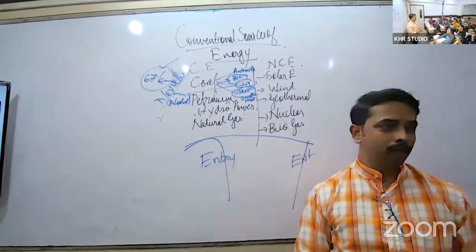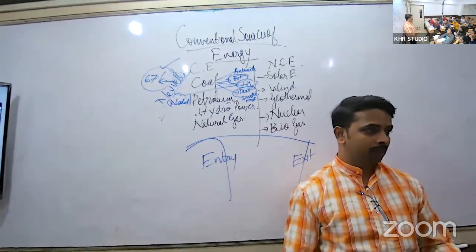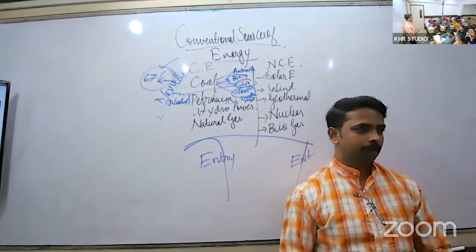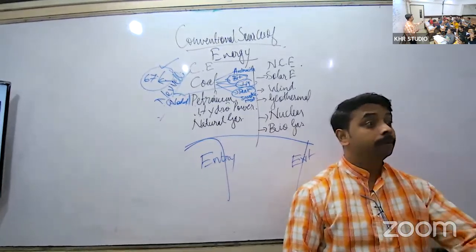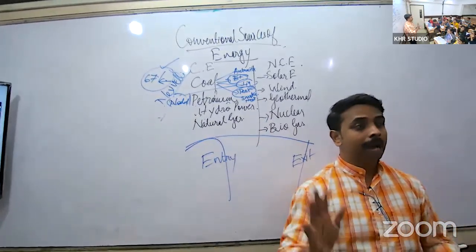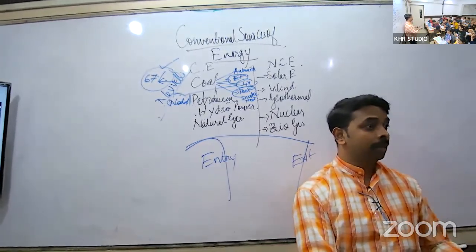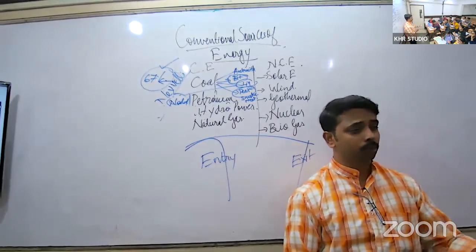Then we go into hydro. Everybody knows what hydro is. We have big projects in our country, called multi-purpose projects. Can you name at least one project in India? Bhakra Nangal, Damodar Valley project, our own Maharashtra and Gujarat, the Narmada River Valley project, also called the Sardar Sarovar.